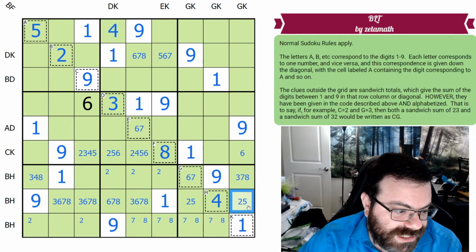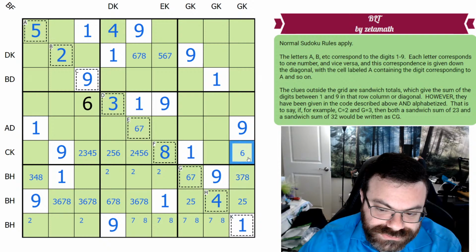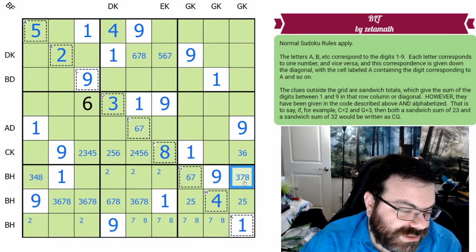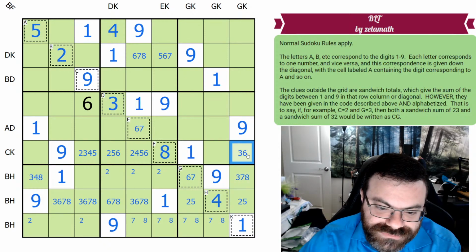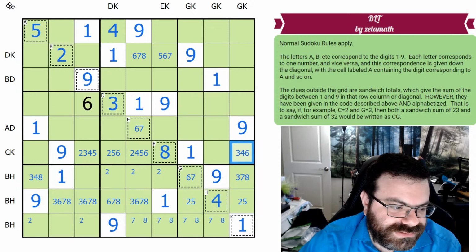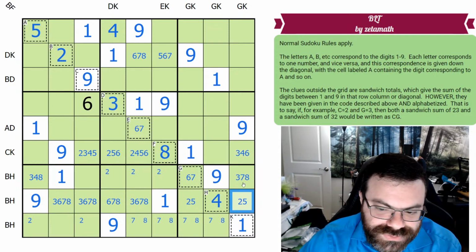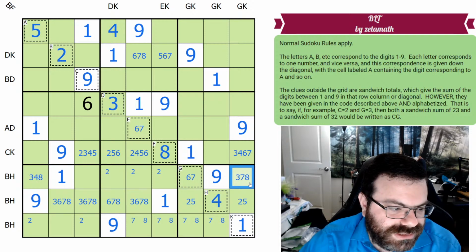If this were a 5, we could be 3, 8. This can't be 8, so this would be 3, that would be 8 still. Or if this were 5, we could do 4, 7. So that would be 7, this would be 4. Alternatively, we could add to 17. If this were 2, this would be 7, 8. So this would be 7, that would be 8.